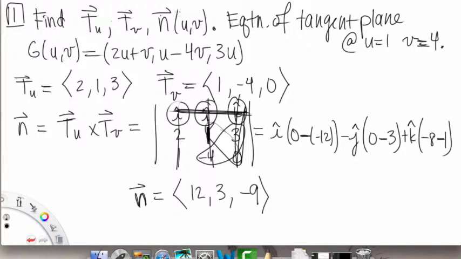Now the last one is to find the equation of the tangent plane at u equals 1 and v equals 4. We'll continue this on the next slide. We just found that the normal is 12, 3, and negative 9, and our point is u equals 1 and v equals 4.